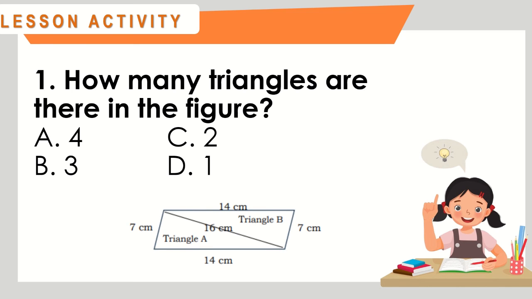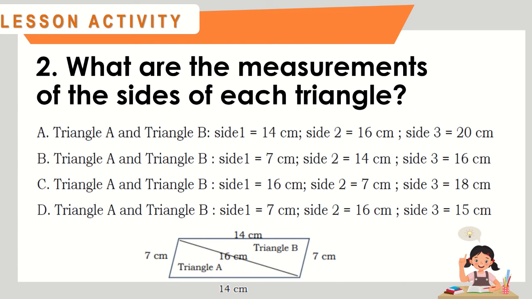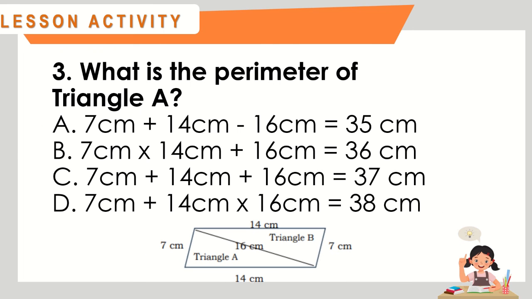How many triangles are there in the figure? A, 4. B, 3. C, 2. D, 1. What are the measurements of the sides of each triangle? What is the perimeter of triangle A?